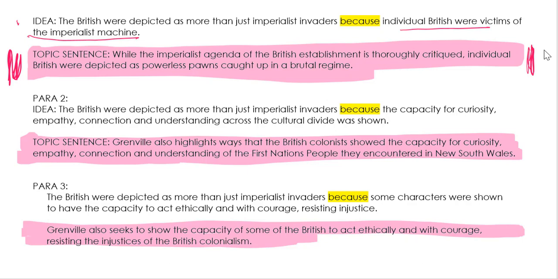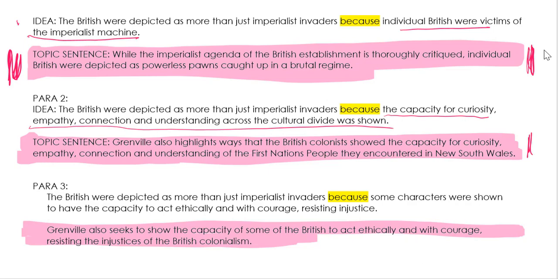The second one, which is the idea that they're depicted as more than just invaders because they show empathy and curiosity and connection and relationships, I came up with this. Grenville also highlights ways that the British colonists showed the capacity for curiosity, empathy, connection, and understanding of First Nations people they encountered in New South Wales.